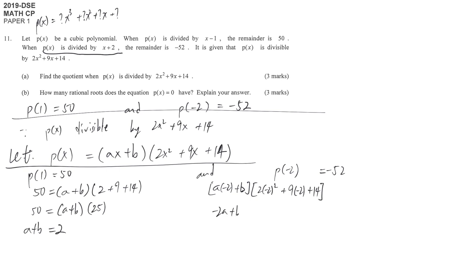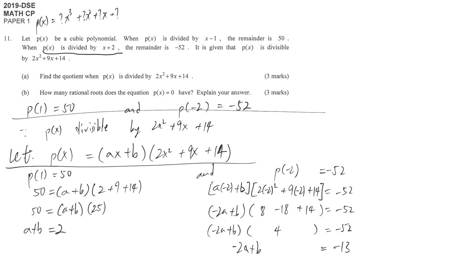Negative 2a plus b, and then handle this bracket carefully. Negative 2a plus b itself is equal to negative 52 divided by 4. That means negative 13.